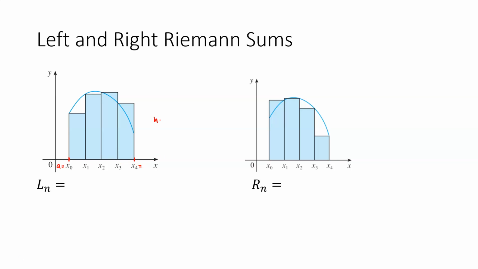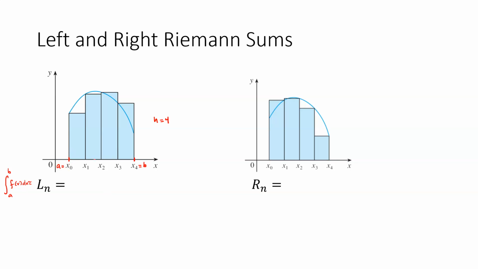So here we're using n equals 4. Call that b. So this would be a way of approximating the integral from a to b. So L n in this case would be L4 if we're doing 4 subintervals. But let's think about how this formula would be in general.